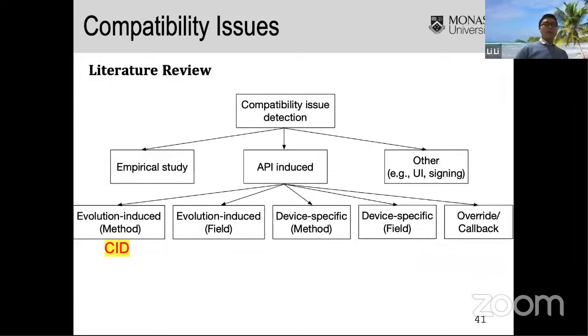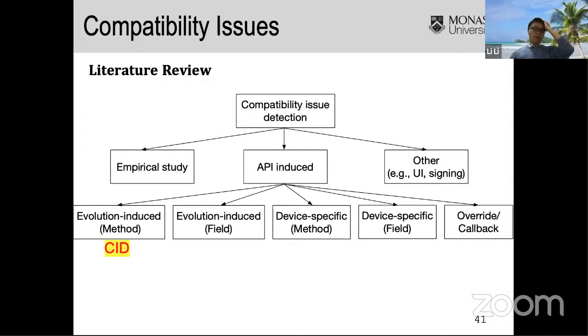More recently, in line with this research direction, we further conducted a literature review about compatibility issues in Android apps because this topic has become quite hot in recent years.